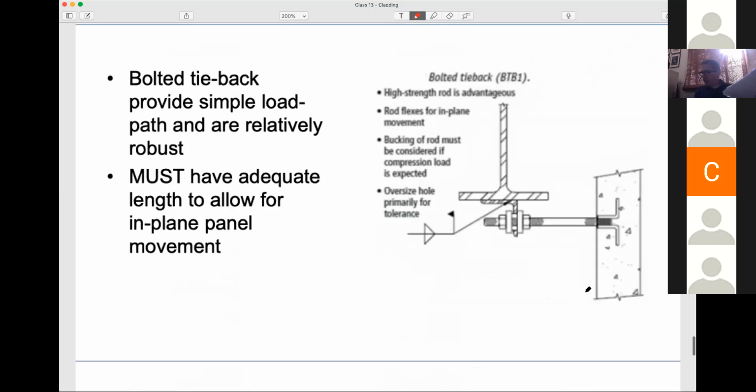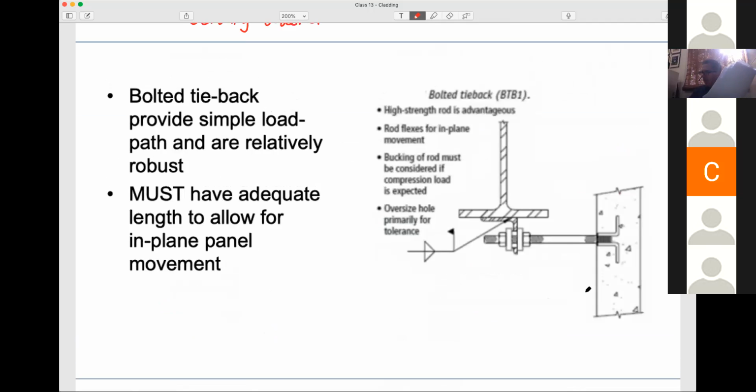As you can see, I got three more. So here's another look at the rod tieback, working from over here, the cladding, to the structure. So this high strength rod, obviously advantageous. Here it talks about the flexure of the rod.